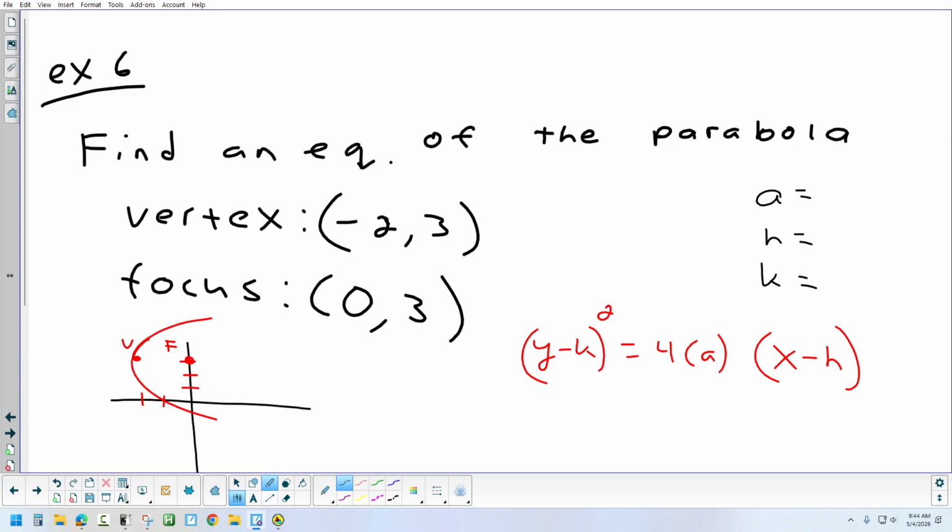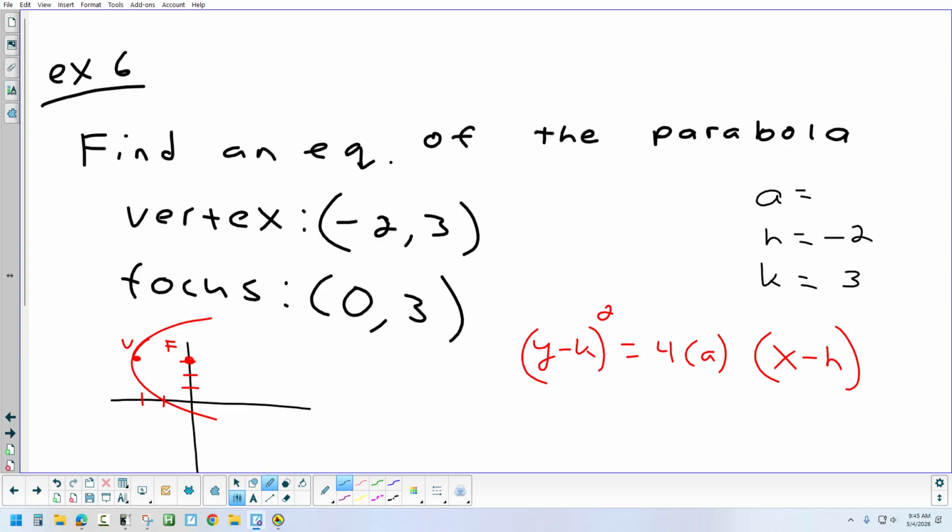Yeah, H is negative 2. How about my k value? Yeah, K value is 3.